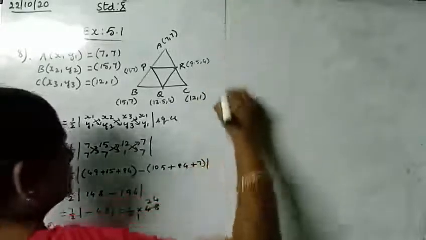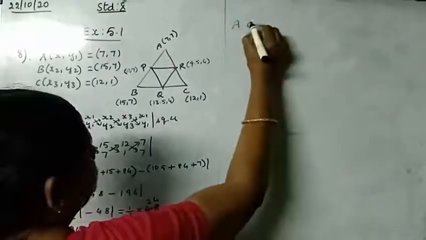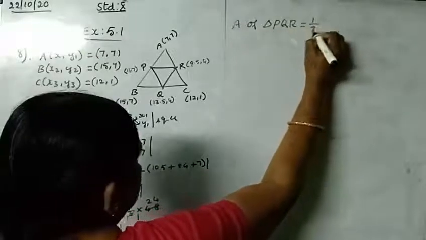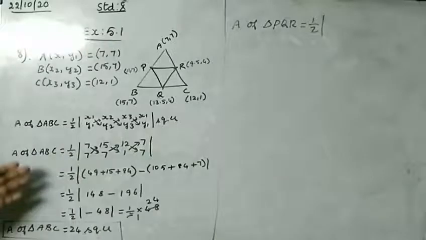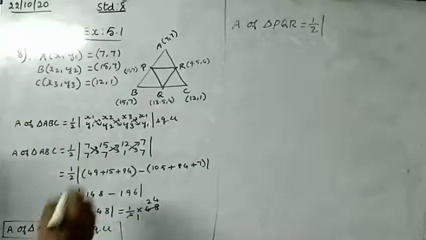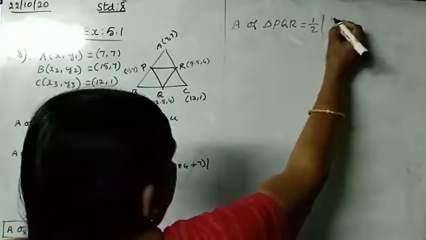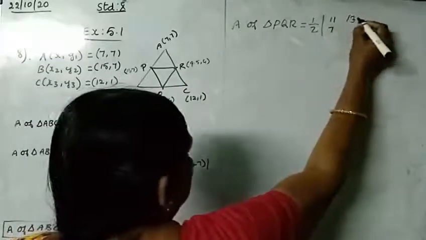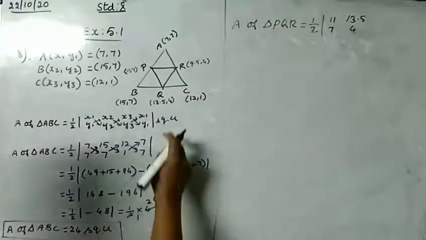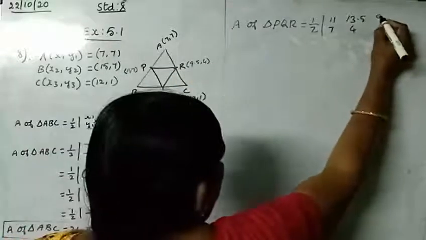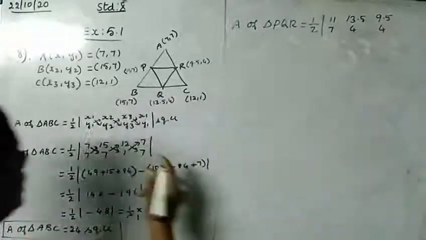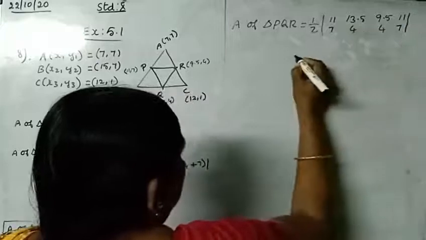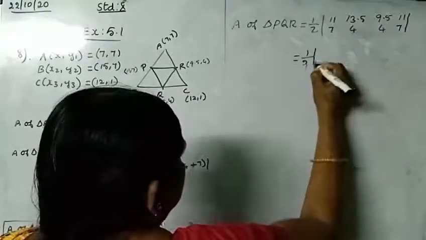Now take area of triangle PQR. So straight away let me go to the numbers instead of writing this formula. The coordinates of P are 11 and 7, Q is 13.5 and 4, and R coordinate is 9.5 and 4. And once again you take 11 and 7. Now cross multiply.